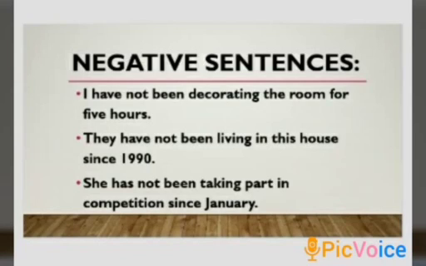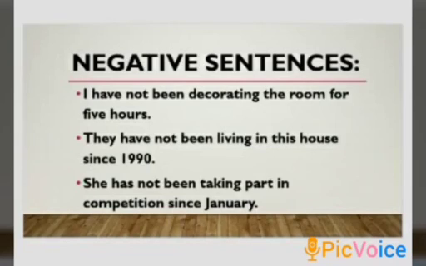So as you have seen in these examples, we have used not, have not been or has not been to make the sentence negative. And first form of verb plus ing is used here. Rest of the things will remain the same.